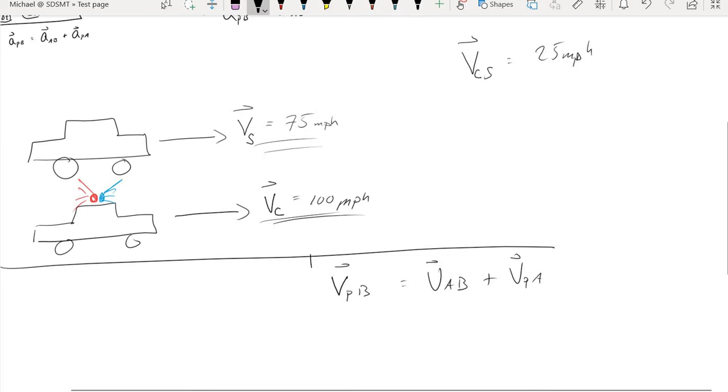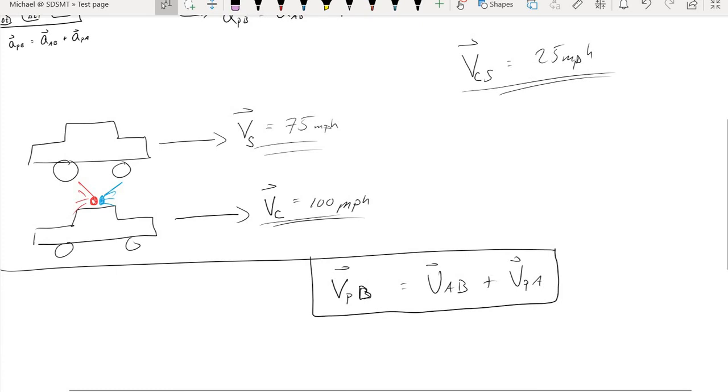And I want to see how we can apply this expression to the system that we have in front of us, and still get the answer that you got by doing some basic arithmetic in your head. You said that you were going to take the velocity of the cop, subtract your own, and you get the 25 miles per hour. Okay, well, there's no subtraction in this equation unless we shuffle some things around.